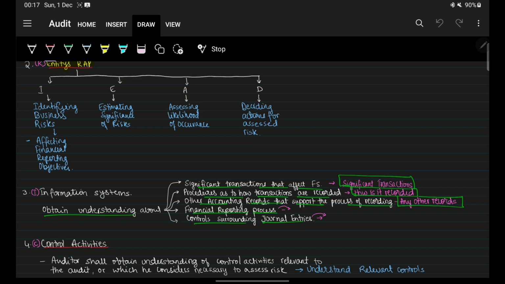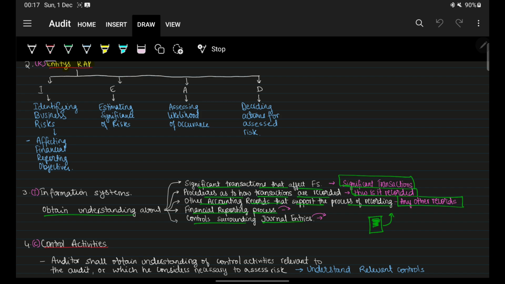This could be, before an entry is passed, whether there's an actual purchase invoice that supports this recording, right? So he also has to check that. So first he has to see what transactions are significant.